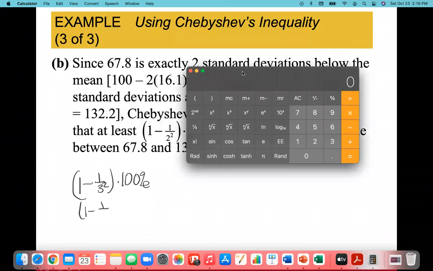All right, so calculator, we have 3 squared. So 3 squared gives us 9. So that means that 9 is the denominator here.